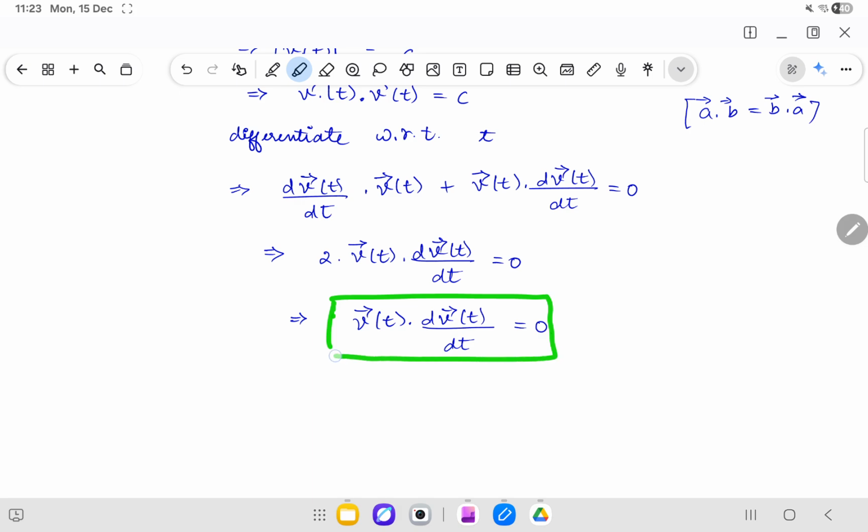Now if this condition holds, we need to show the opposite result as well.